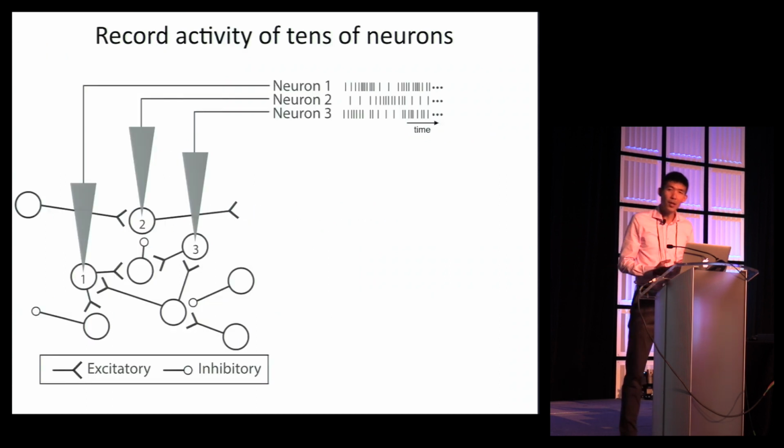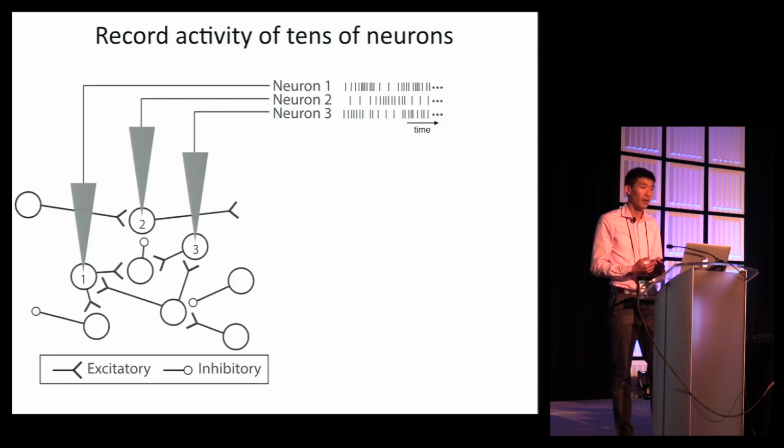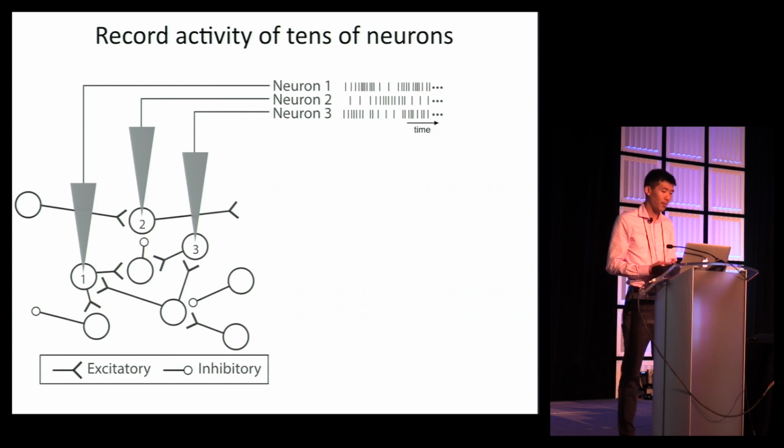Okay, so let me show you a cartoon of the experiment that we designed. So let's say we record from a population of neurons. So in our experiment, we recorded typically from many tens of neurons. Okay, but here in this illustration, I'm just showing 3.